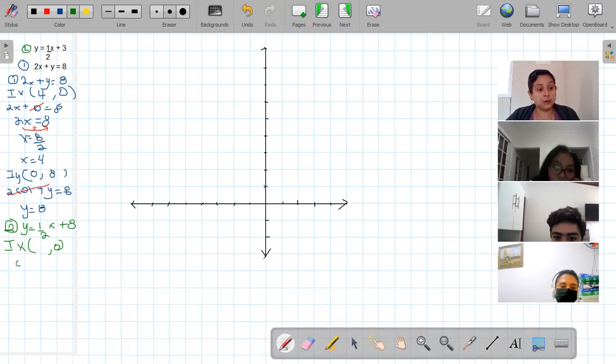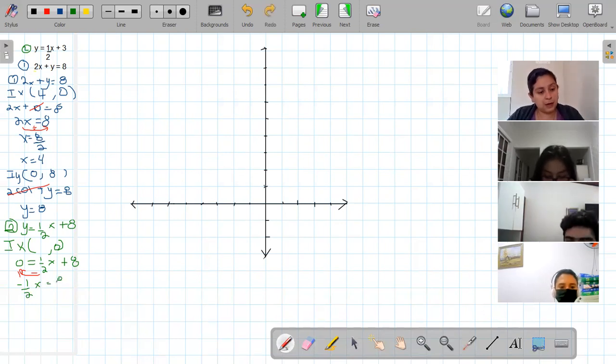So we're going to have 0 is equal to 1/2 x plus 8. I'm passing the variable with its coefficient to the other side. Subtract them. So I have negative 1/2 x is equal to 8.